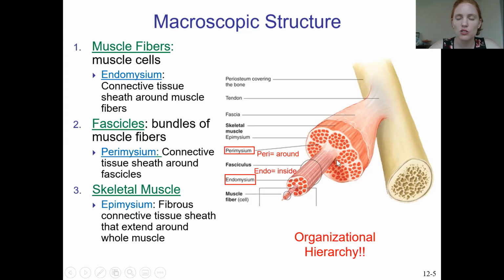And then those fascicles are further collected into a full organ, the whole thing, which is called the skeletal muscle here. And then that skeletal muscle is wrapped yet again with another connective tissue layer, which is called the epimysium. And remember, epi means outermost, most superficial, on the outsides. That is the epimysium. Okay, so here we have these very long cells bundled and organized and bundled and organized and bundled and organized again. So make sure they all run nice and parallel to each other.